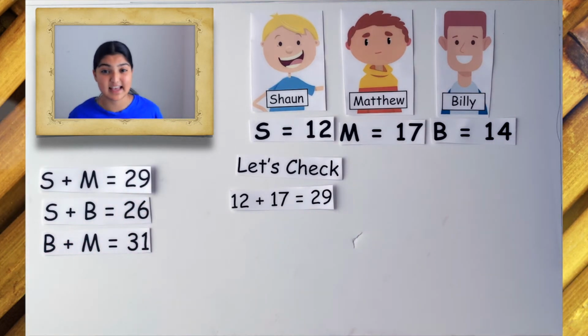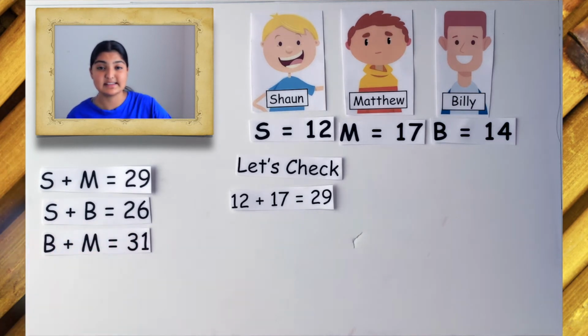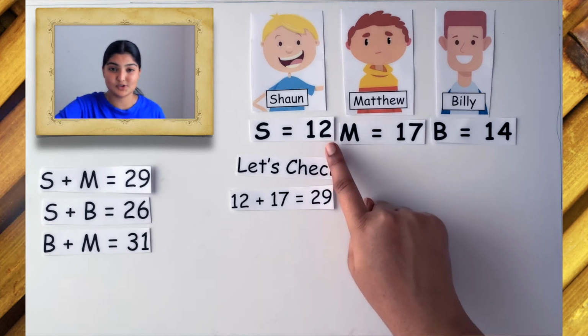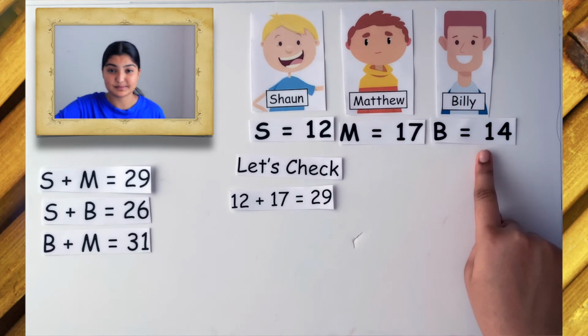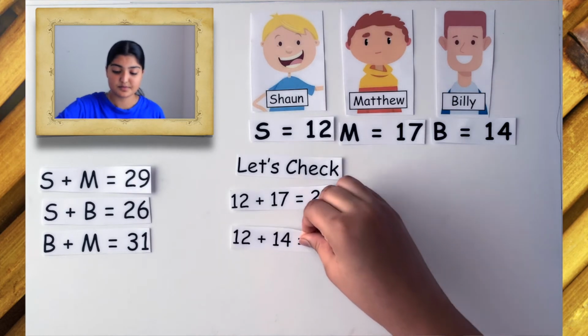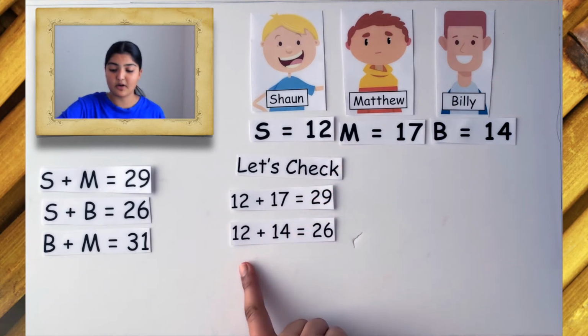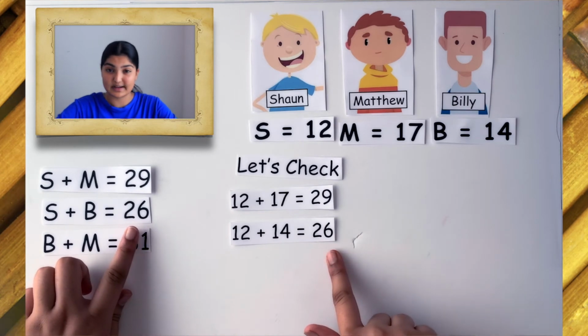Let's check the second equation. S plus b is 26. Well, s is 12. And b is 14. This gives us 12 plus 14, which is 26.